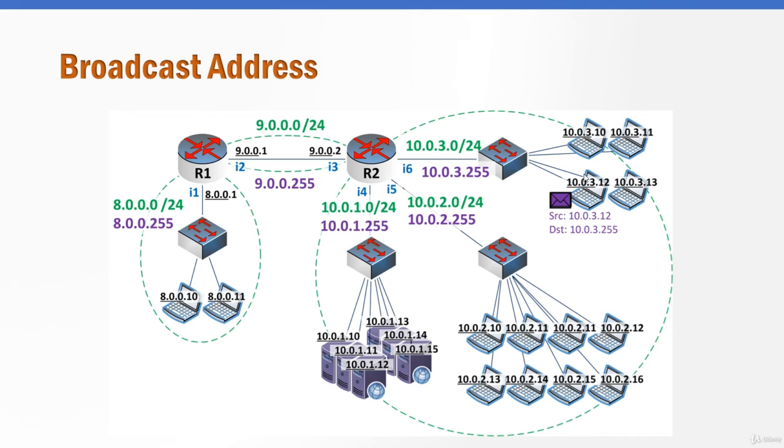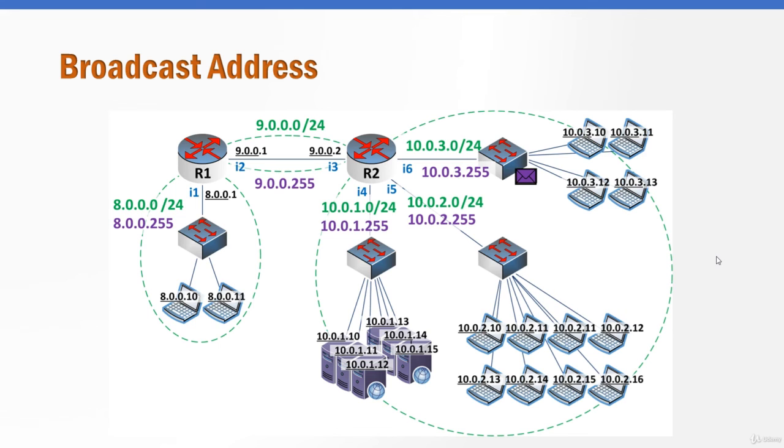Let's say that this laptop sends a broadcast packet with source address, its own address, 10.0.3.12, and destination IP address is going to be our broadcast address for this subnet, which is 10.0.3.255. Once this laptop sends its broadcast packet, it's going to end up on the switch.